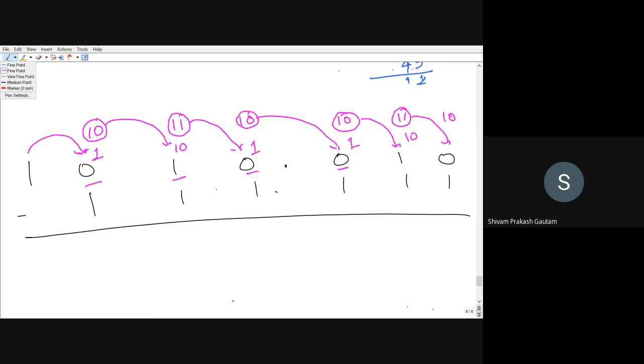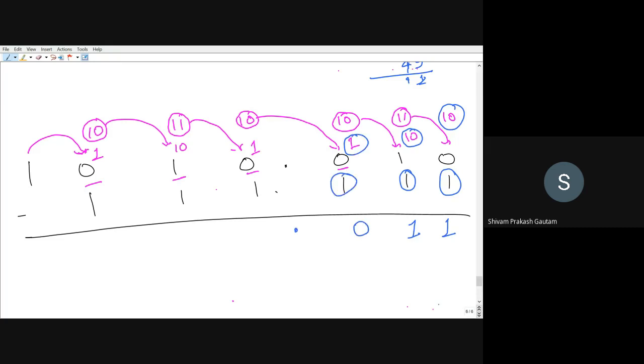Now see how I am subtracting. So this 10 minus 1. If you subtract 1 from 10, the remainder will be 1. Again, 10 minus 1, the remainder will be 1. 1 minus 1, the remainder will be 0.